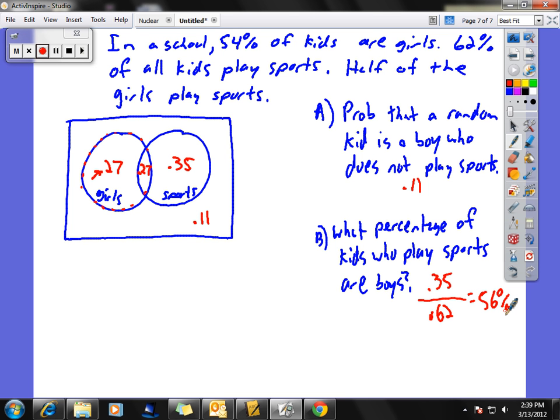That narrows it down already to your 62%. That's all you're drawing from, because that's saying of those kids who play sports, the percentage that are boys is going to be your 0.35, out of all the kids who play sports, which is 0.62 already. It's slightly different. Right? That's okay.